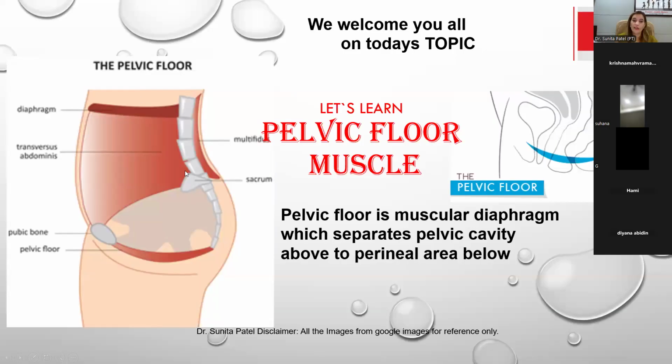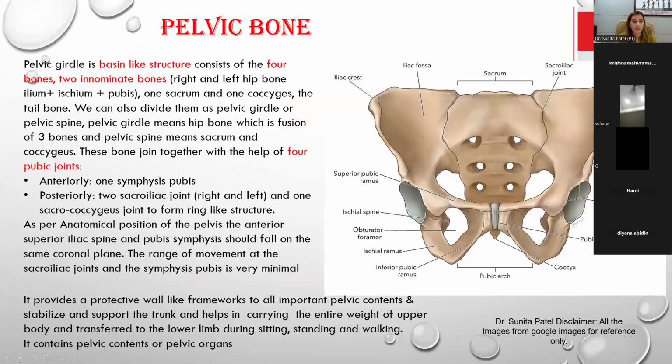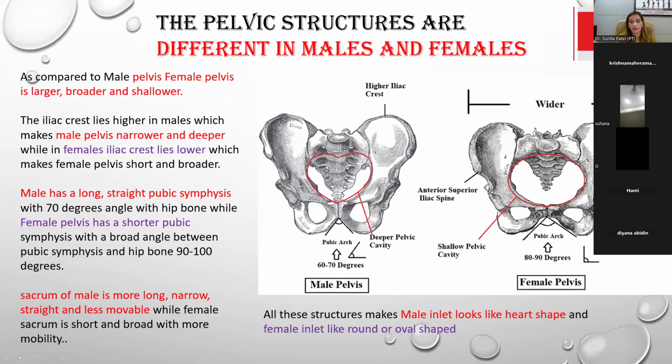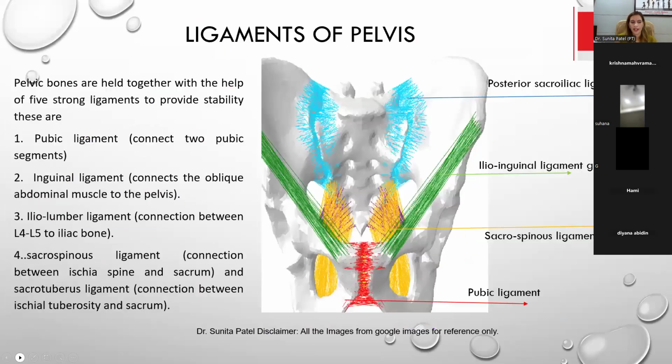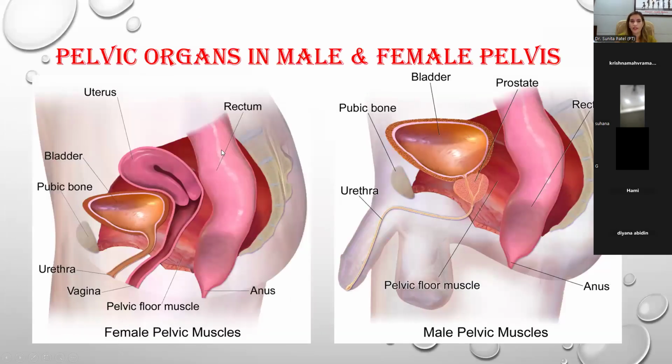So this is what we have understood so far, the whole core, pelvic organ, bone, inlet. There are some ligaments, and these are the organs in a female body: bladder, uterus, rectum, anterior, posterior, pubic symphysis, posterior sacrum.